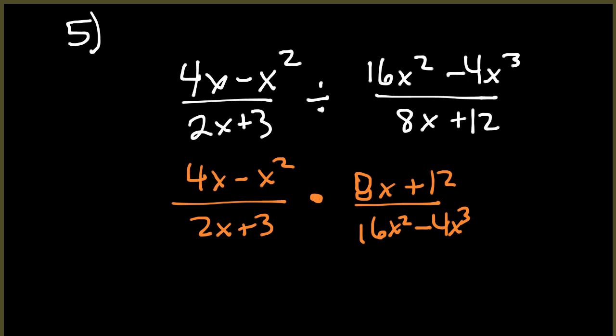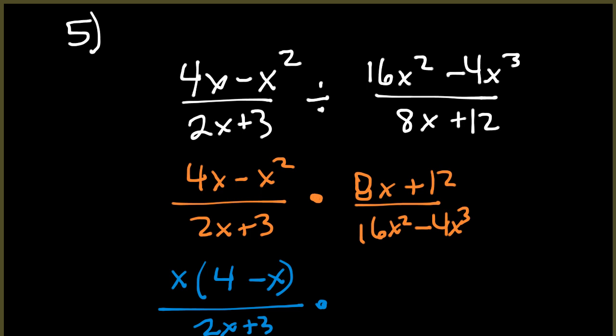All right, here we go. Let's factor the numerator. I'm going to take out an x, and what I'm left with is 4 minus x, all over 2x plus 3, times, factor out a 4, I'm left with 2x plus 3.